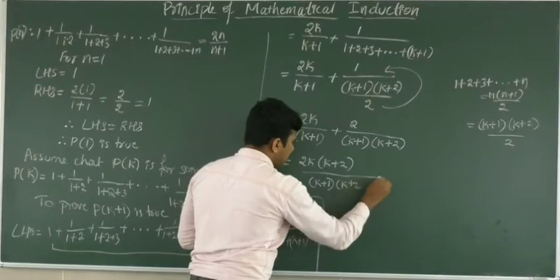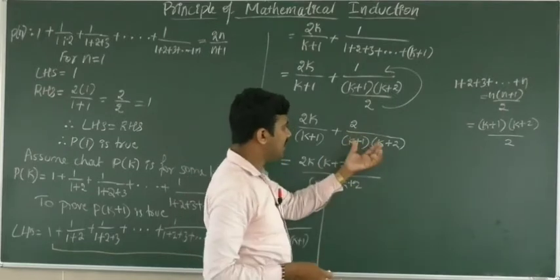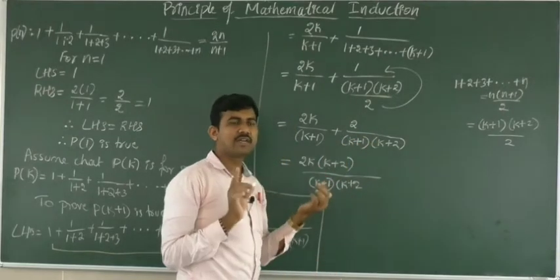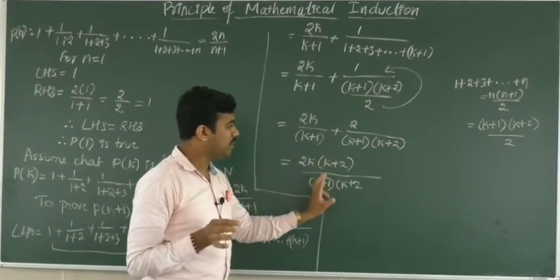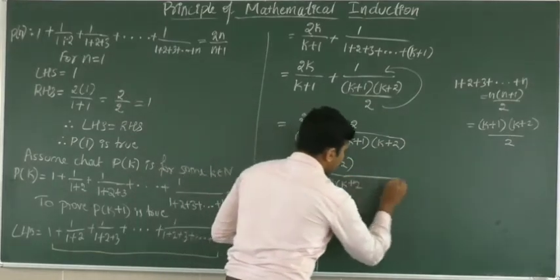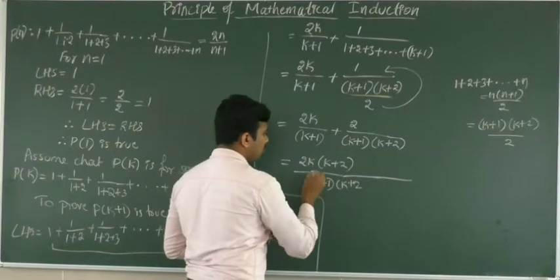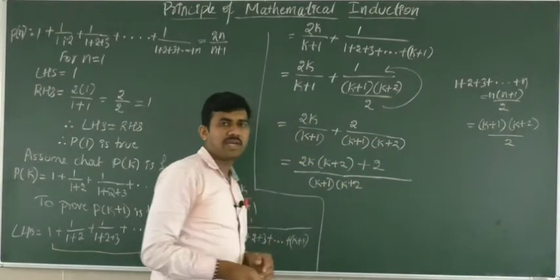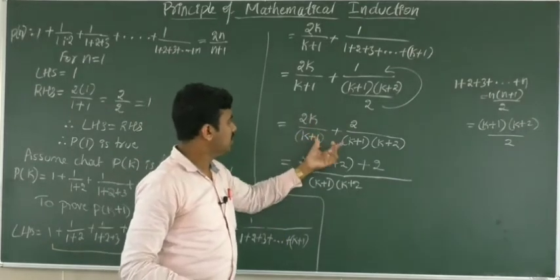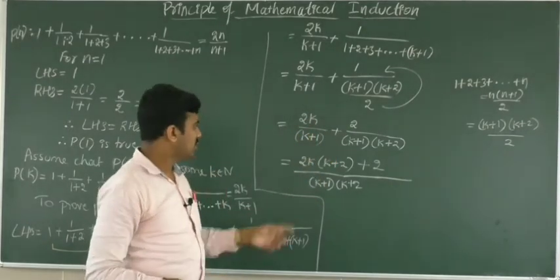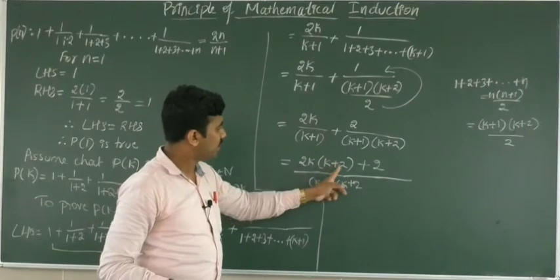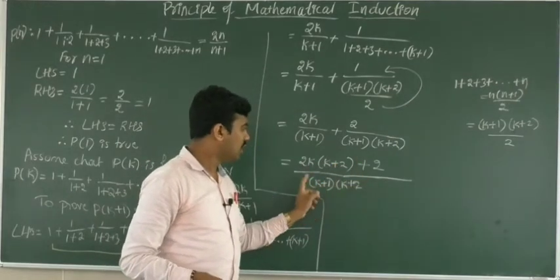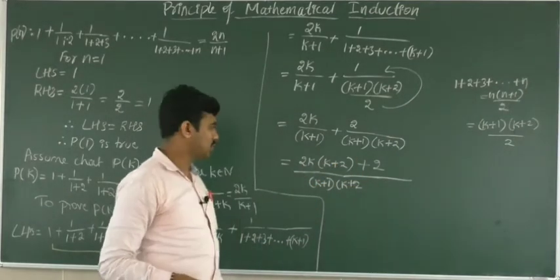Similarly in the second term, already we have the denominator k plus 1 into k plus 2, so we'll get a common denominator. You can make the same denominator for both fractions here. So both numerators have the same denominator. So what is that, 2k into k plus 2 plus 2 whole divided by k plus 1 into k plus 2.